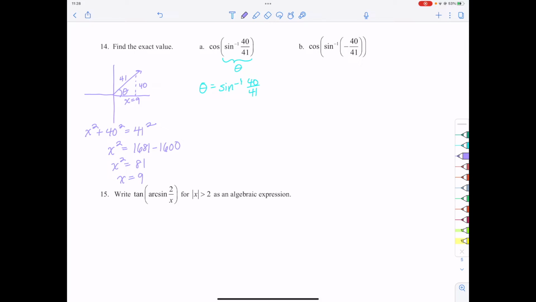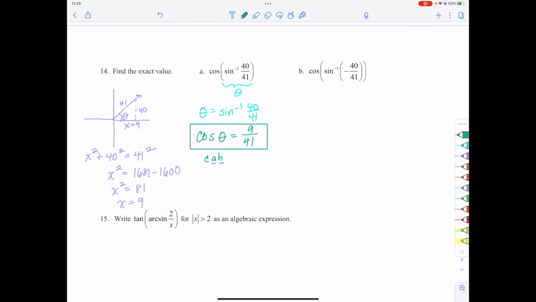So now we can say that the cosine of theta, remember, the cosine of theta is adjacent over hypotenuse. So that is the exact value.